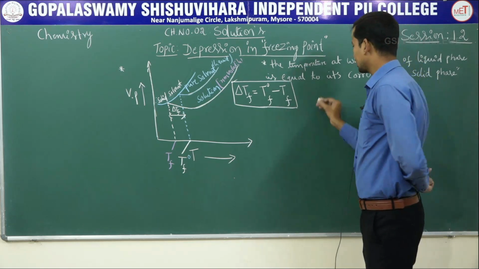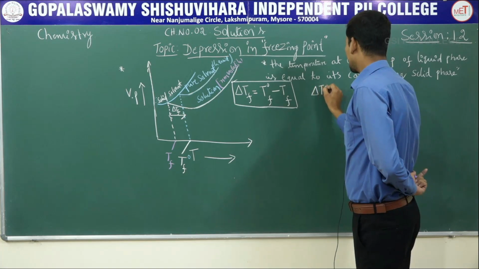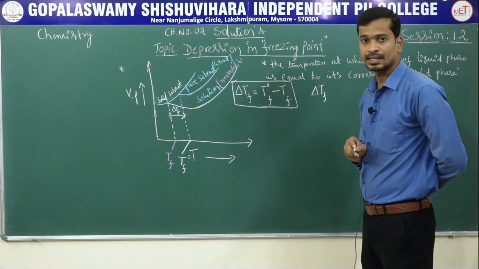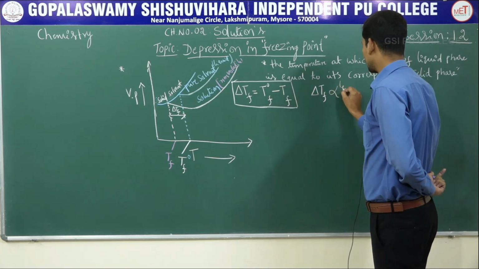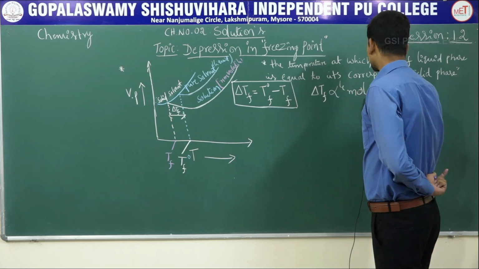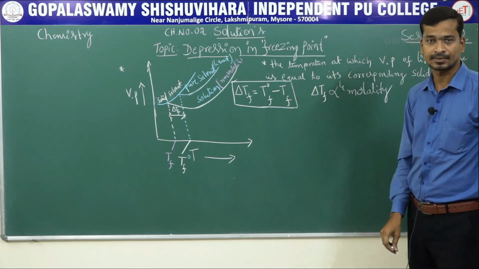Another important point: the depression in freezing point, delta TF, is a colligative property. It is proportional to the molality.